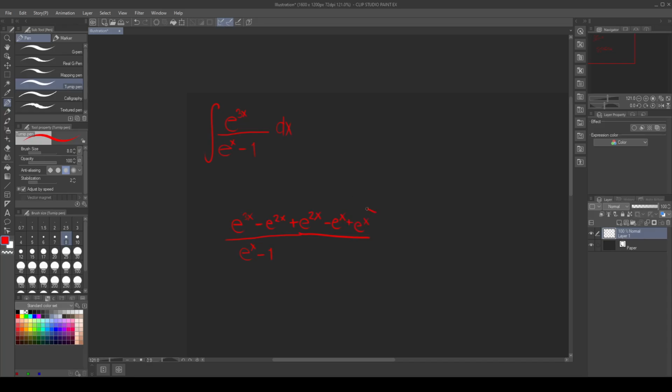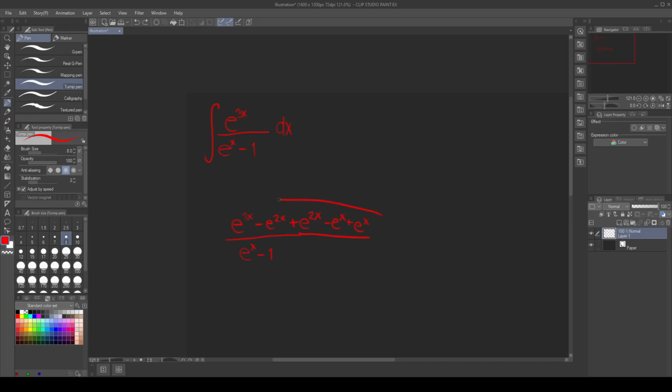Now we're going to stop here at e to the x. Why? Because one, this is now the same thing as what we had earlier, and two, e to the x is a lot easier to work with than our original e to the 3x. And what do I mean by that?